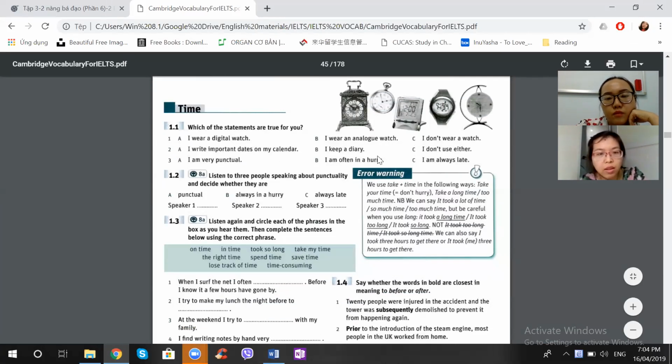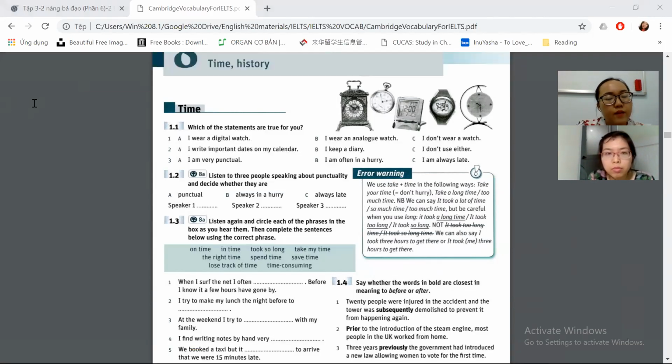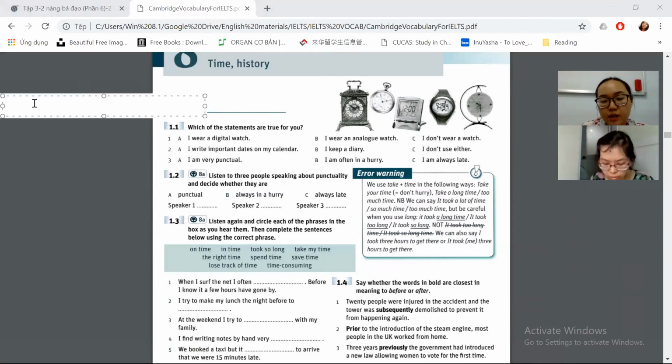Which one is true for you? What is "very punctual"? Number three. Punctual is like always đúng giờ. Yes, đúng giờ. For example, here we have "I am a very punctual person."